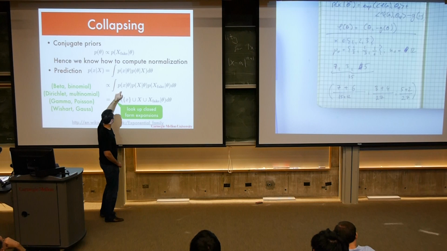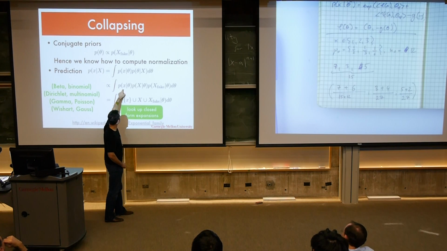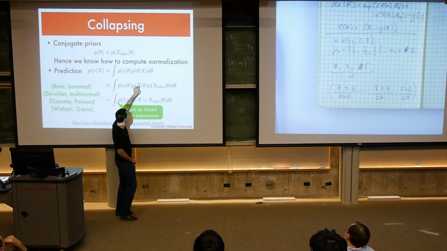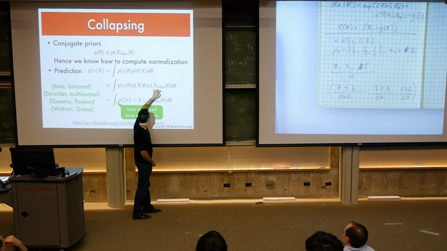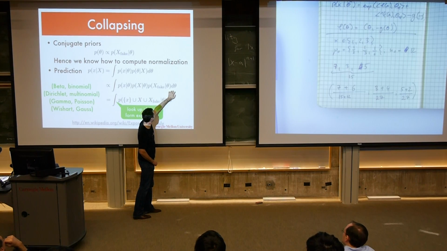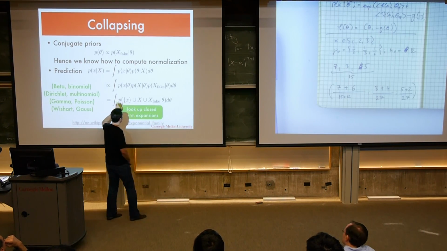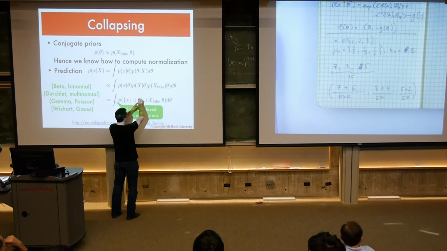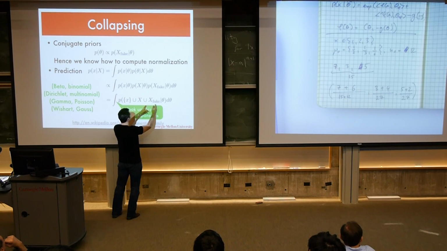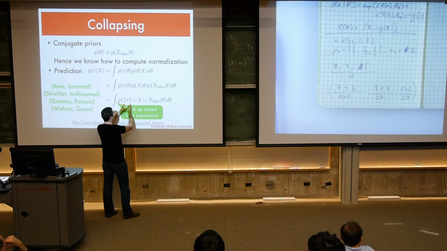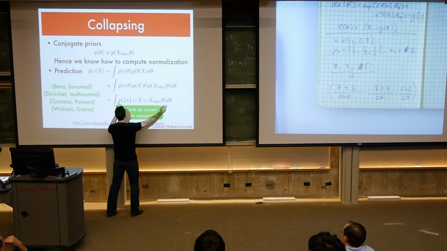Now writing this out, it is basically proportional to P of capital X given theta times P of x fake given theta, d theta, which is that integral of real data union with fake data, union with one extra data point, d theta.